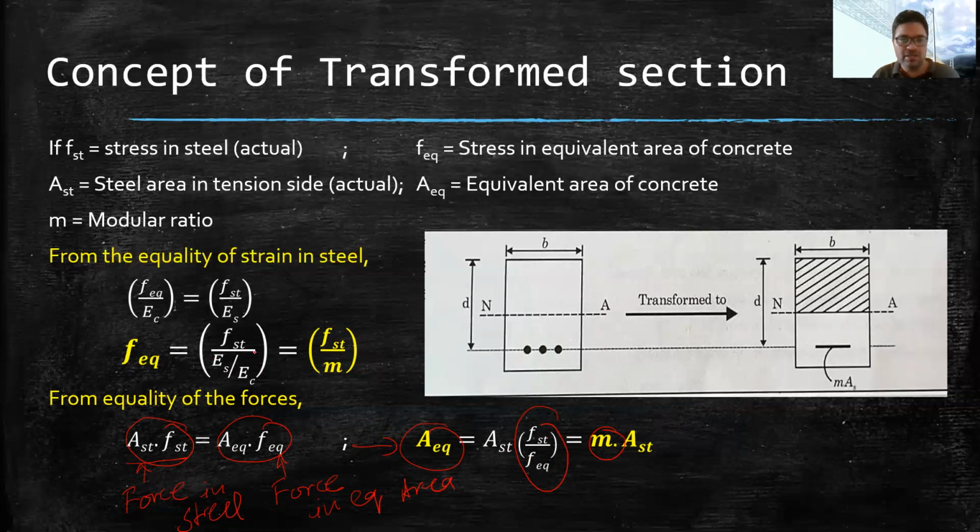FEQ is equal to FST by M, and we can say M is equal to FST by FEQ, and this is the relation that we have used here. This is how we find out AEQ is equal to M into AST. And now you can see how this value arrived.